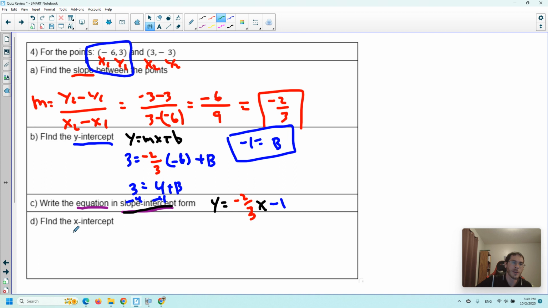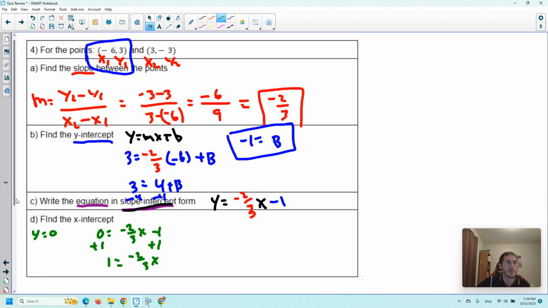Last part here says find the x-intercept. To get the x-intercept, x-intercept is when y equals 0. So what I'm going to do is come to my equation and say 0 equals negative 2/3 x minus 1. I'm going to try and get x by itself. So 1 equals negative 2/3 x. This is a lot like unit 1.